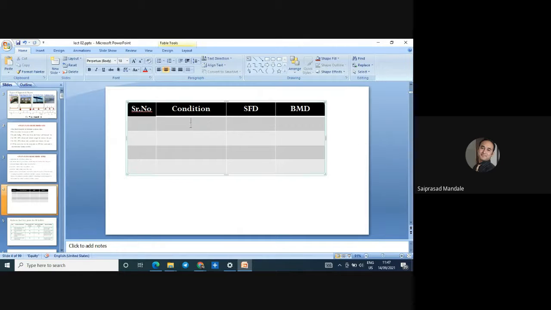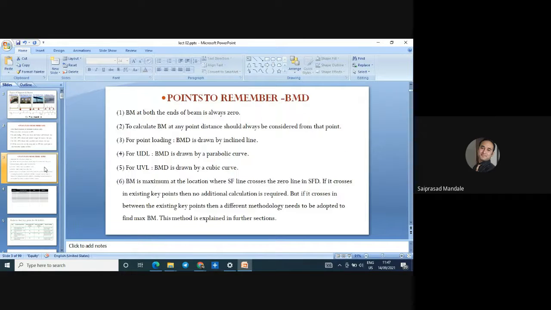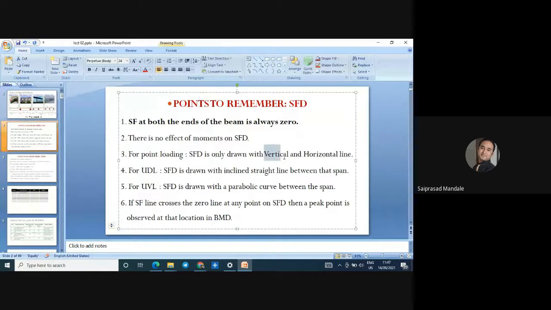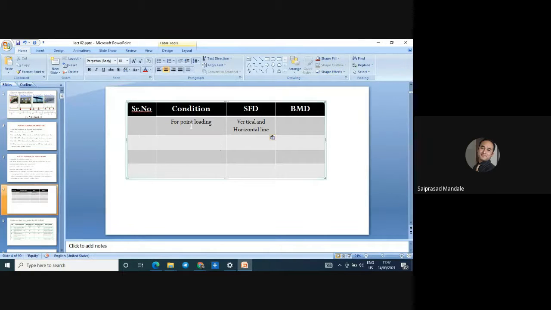So I'm going to put a condition: when there is a point load, what is the condition in case of SFD and in case of BMD? When there is a point load, we have to draw only vertical and horizontal lines in the SFD.